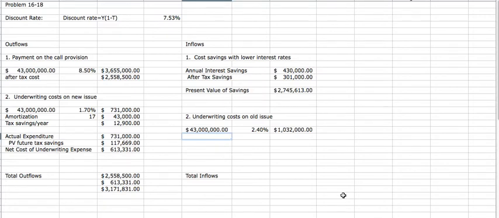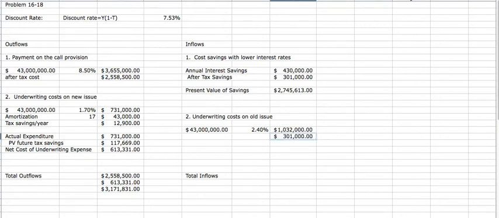So that is 1032, our total underwriting costs, divided by 24 times 7 years already amortized.